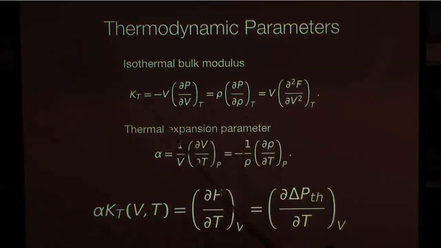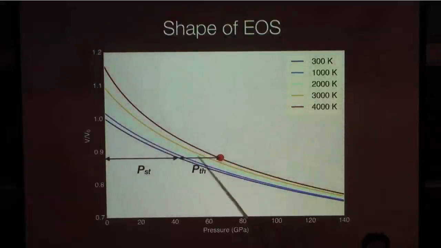If you take the product of them, alpha K_T, what this product tells you is that you get a partial derivative that can be used for converting thermal effect into pressure effect. That's exactly what we want for this part, right?